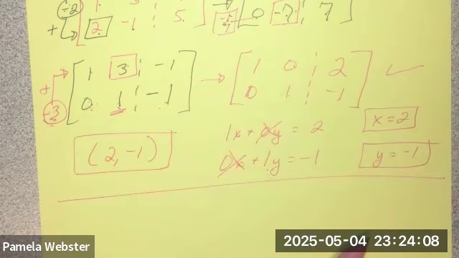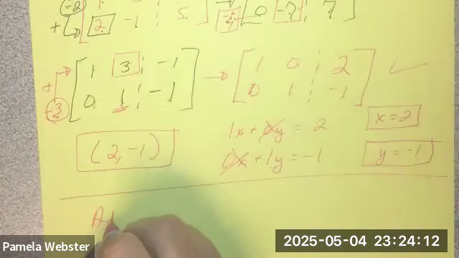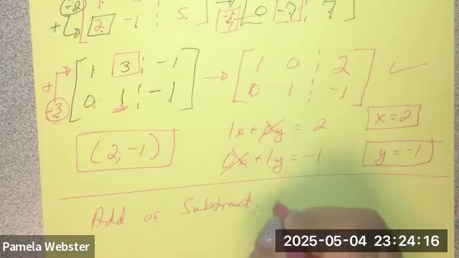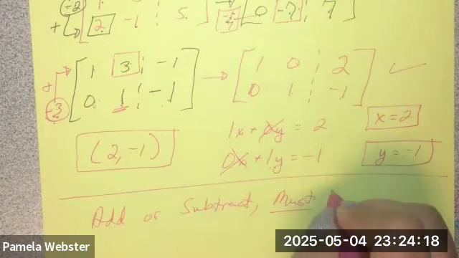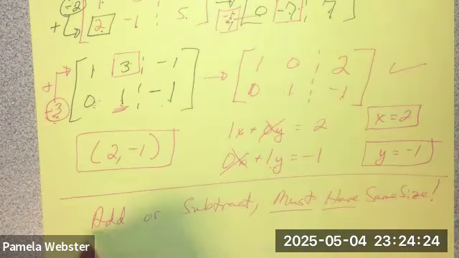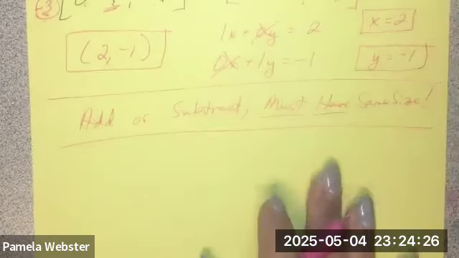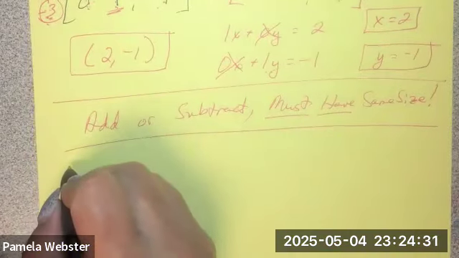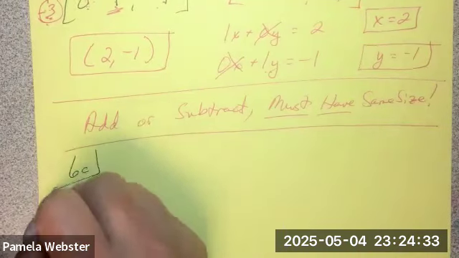So all I'm going to say is remember that in order to add or subtract, you must have the same size, right? Same size matrix. If it's not, then you can't do it, okay? Let's just see this one right here real quickly.